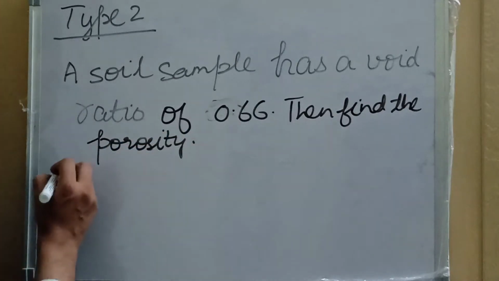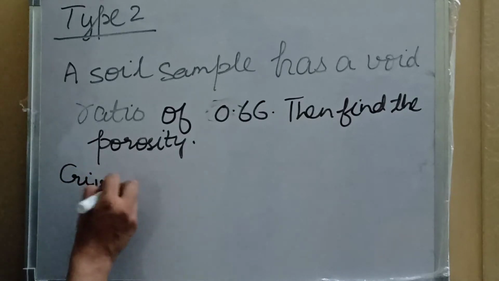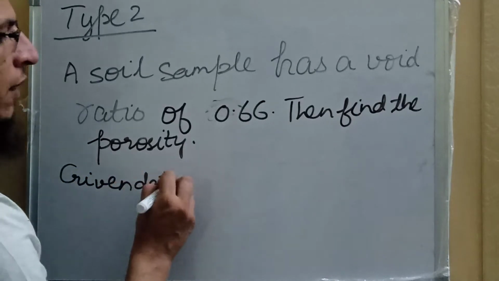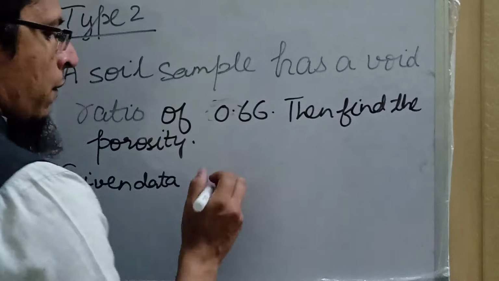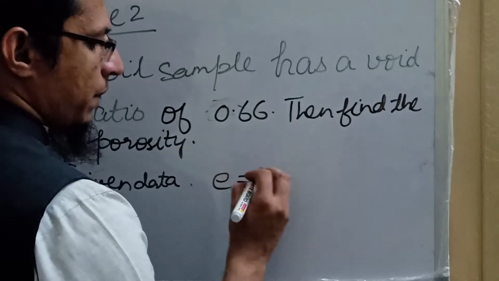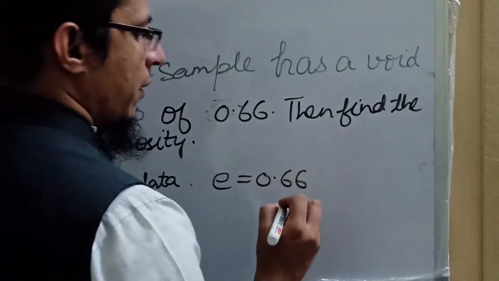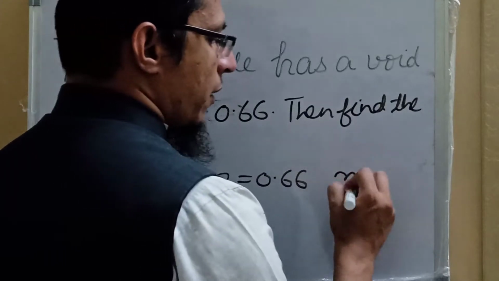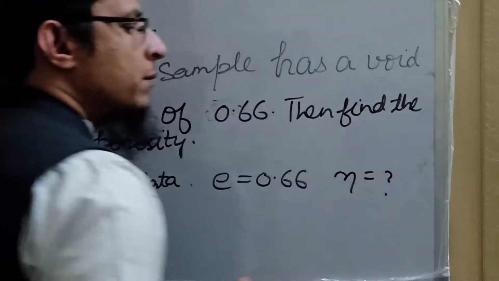So we are given the data: void ratio, that is e is equal to 0.66, and we need to find the porosity.